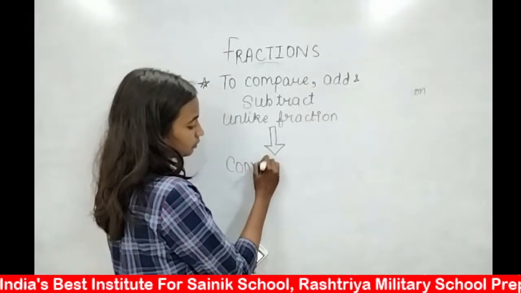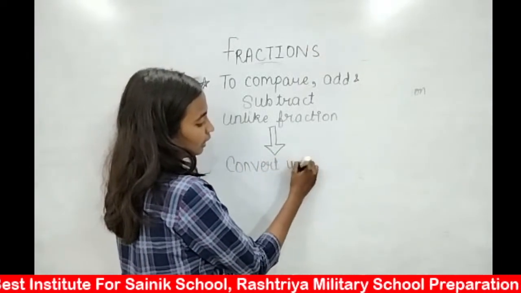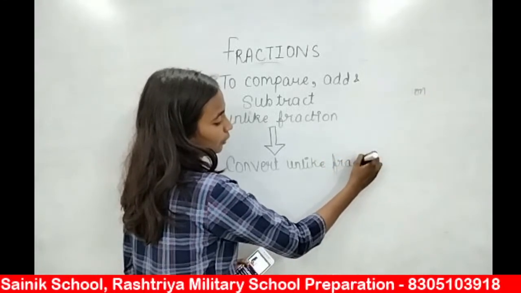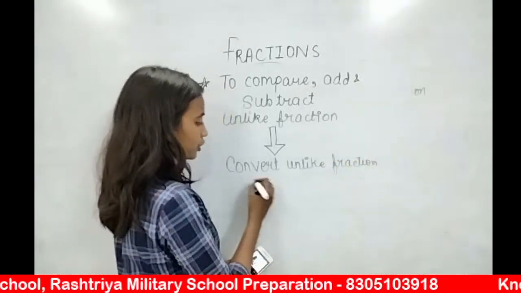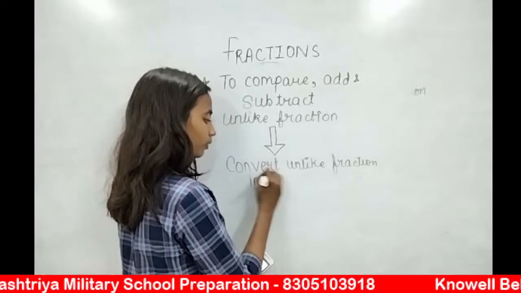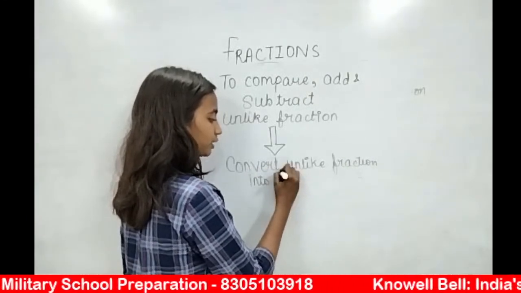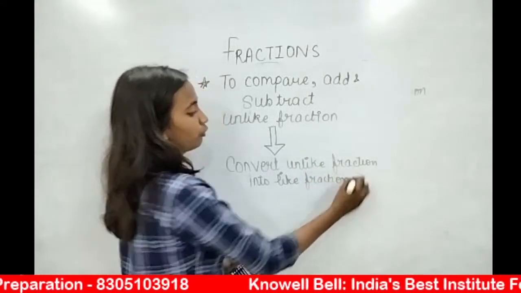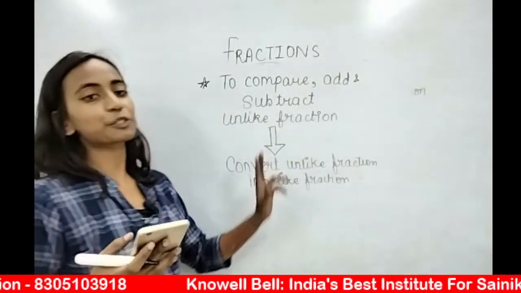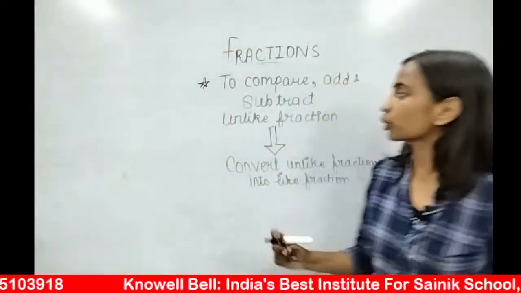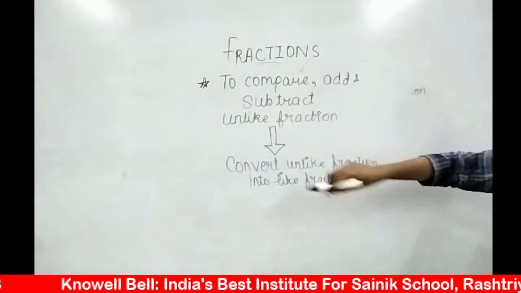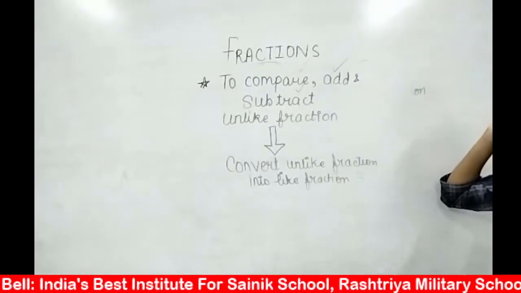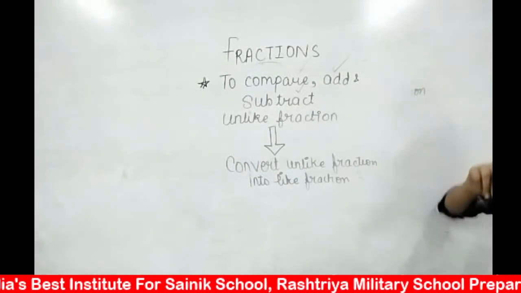Convert unlike fractions into like fractions. This is the first thing you have to do. When you convert unlike fractions into like fractions, then if you have to compare, compare quickly; if you have to subtract, subtract; if you have to add, you can add. Okay?